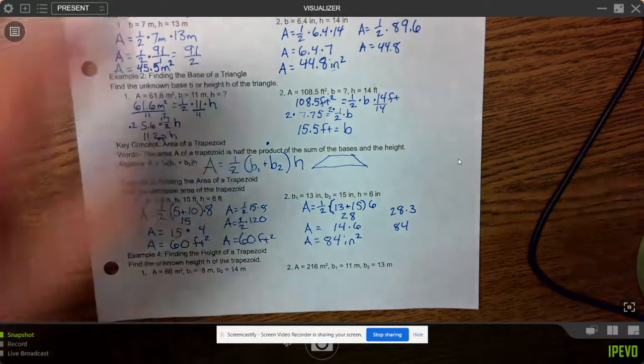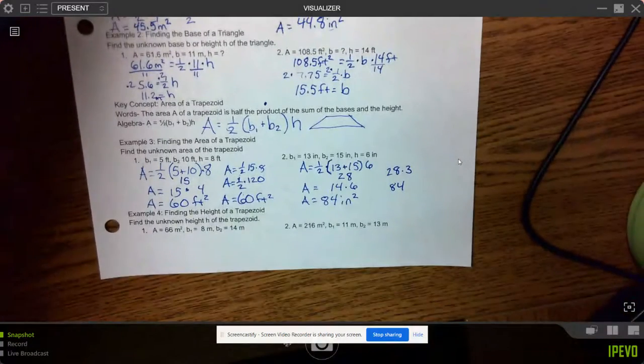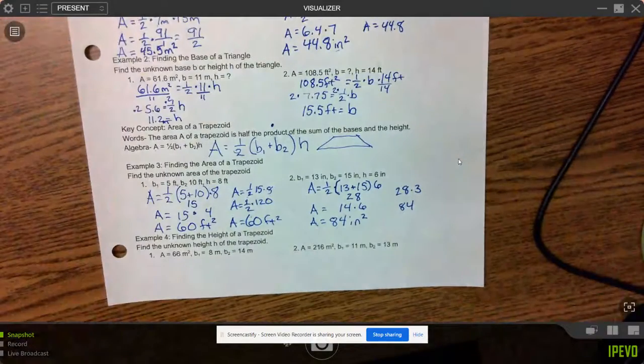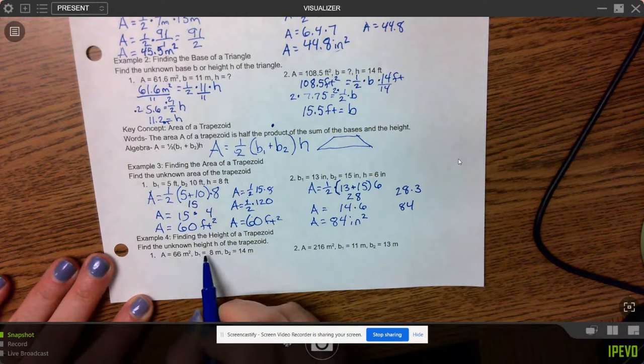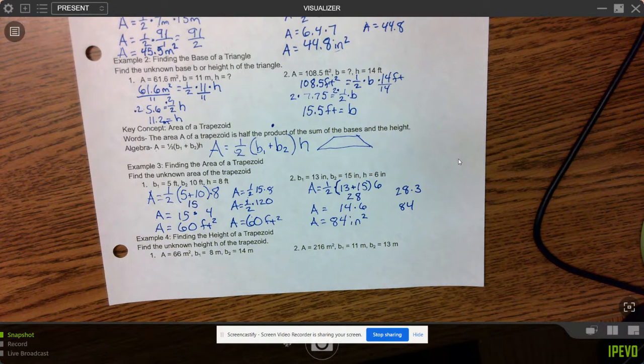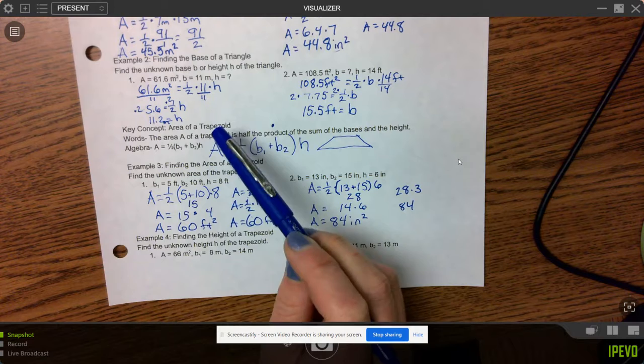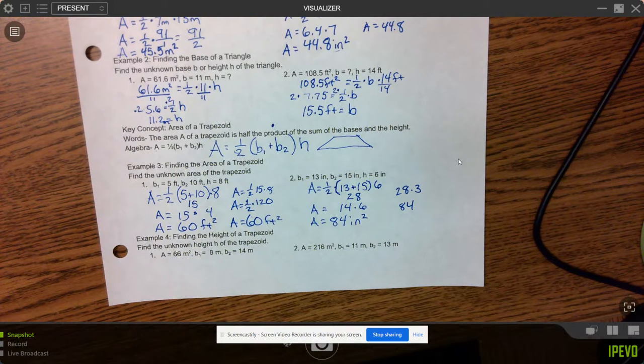Let's look at our last part. Finding the height of a trapezoid. So if they give us the area and the two bases, we need to be able to find the height. So we're going to set it up the same way as when we had a missing height or a missing base for the triangle.